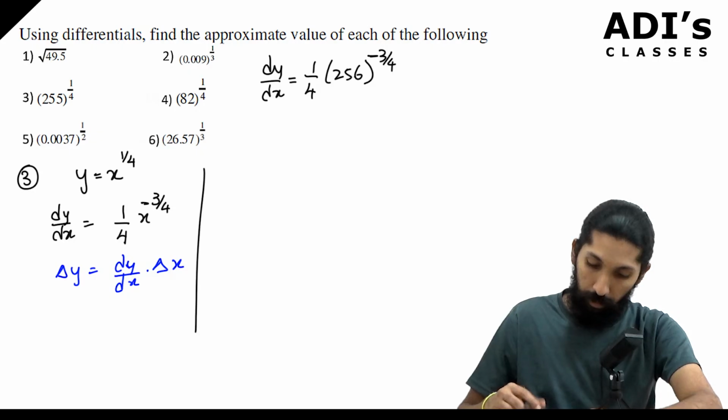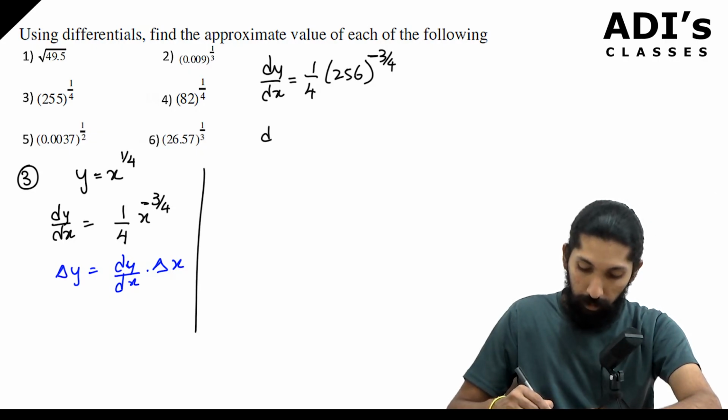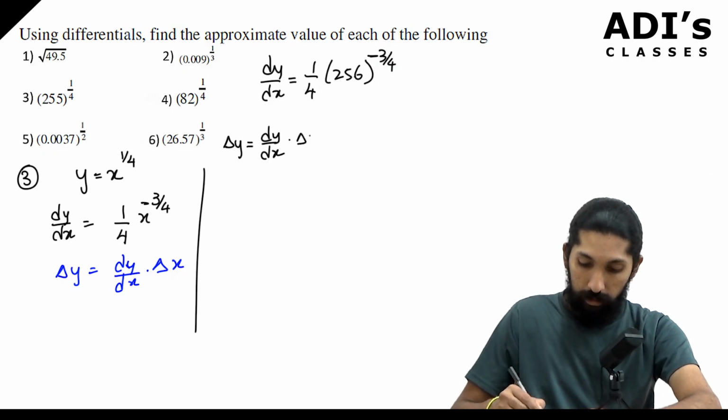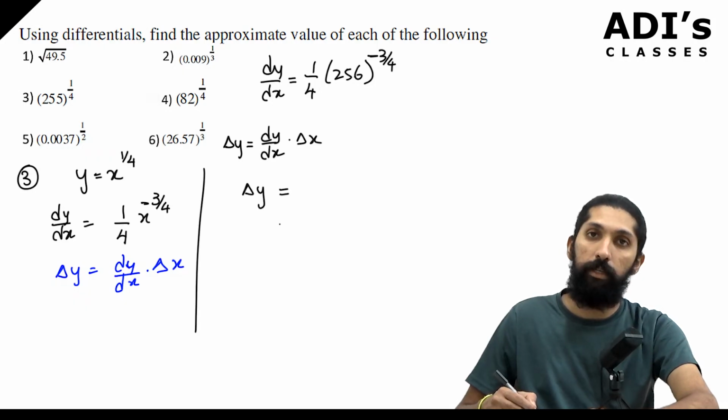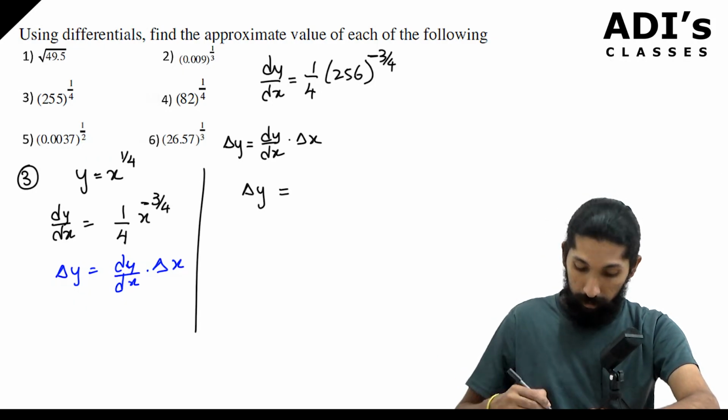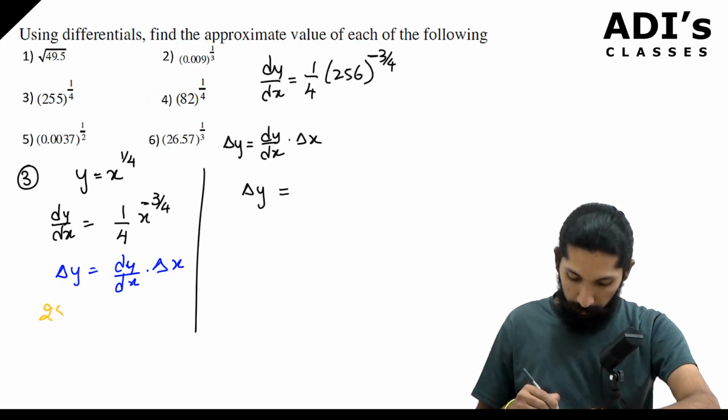So this is dy by dx at x is equal to 256, because 255 is 256 minus 1. That's why. Now let's calculate. So dy by dx is going to be this, and delta y is dy by dx into delta x. So what is delta x here? Guys, delta x is minus 1, isn't it? Or if you want, let me write it down. 255 is 256 minus 1.